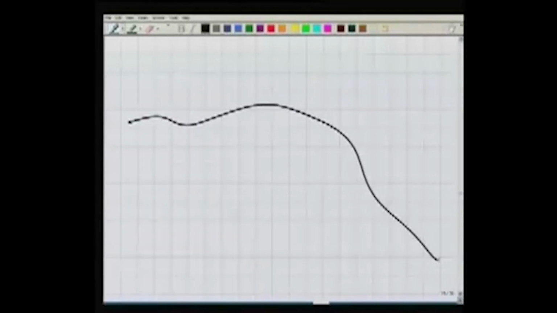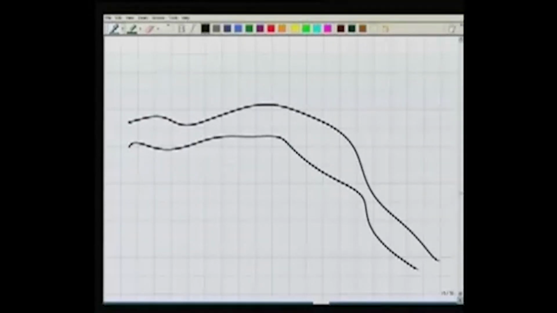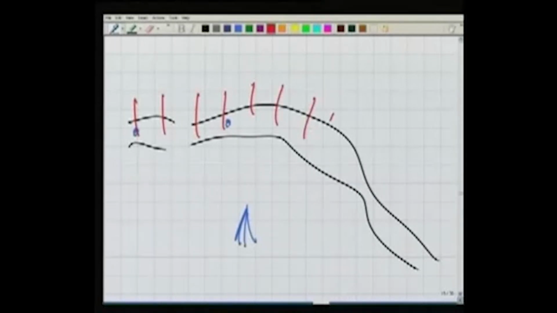So how do we do that? For that road, that's the road, or rather the road is going to be constructed here. I keep my level, for example, here, and by keeping my staff at various places, I am measuring all these distances.